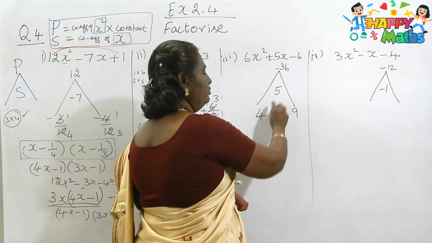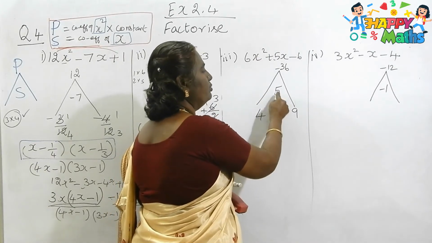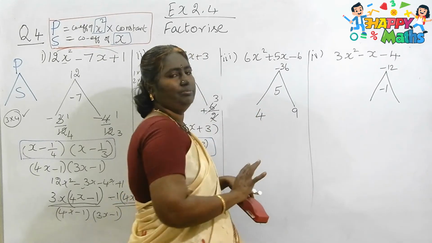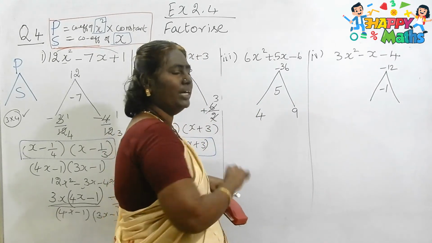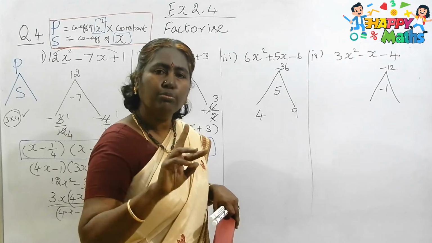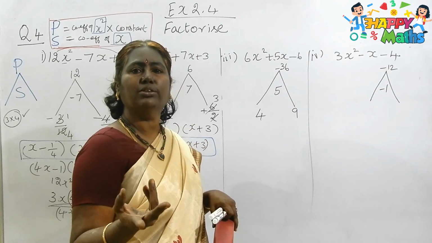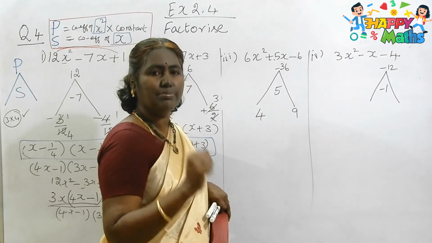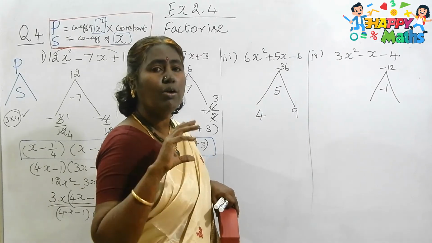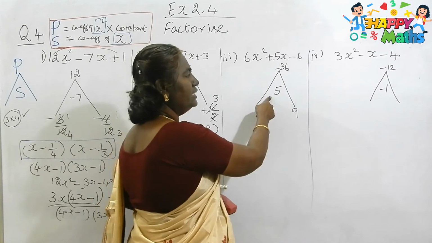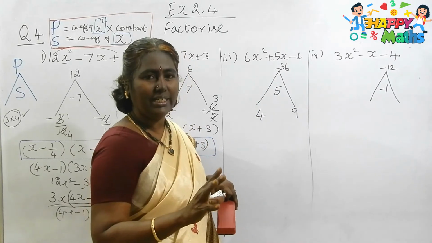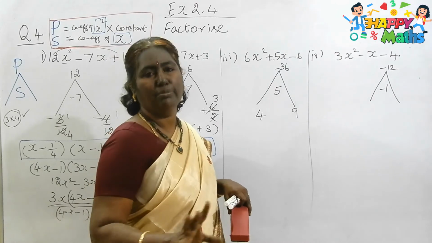This is negative, so the difference of these two at the center. Okay, I have chosen 4 and 9. But you have to subtract, no? When will you subtract? Only when both are in different sign, we will subtract, no? Then only we are getting minus in the top, no? So which is the plus sign, which is minus sign? How will you decide now? See, the center is positive. Always when we subtract, we put the greater number's sign.